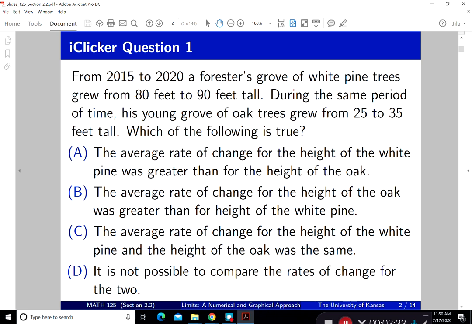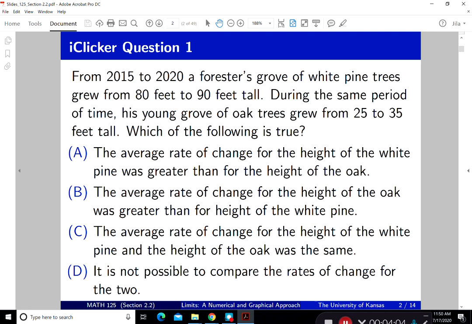B. The average rate of change for the height of the oak was greater than for the height of the white pine. C. The average rate of change for the height of the white pine and the height of the oak was the same. D. It's not possible to compare the rate of change for the two.